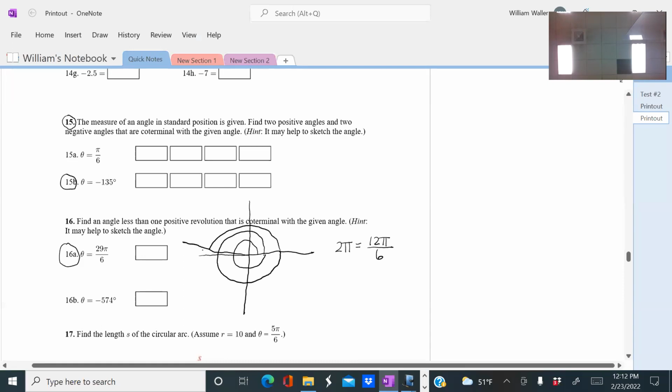This little piece would be pi over 6 left. So what's an angle that has the same terminal side as 29 pi over 6, but is less than 1 revolution? It's this angle, right? Which was what? That was the 5 pi over 6. Just try to take out those extra revolutions.